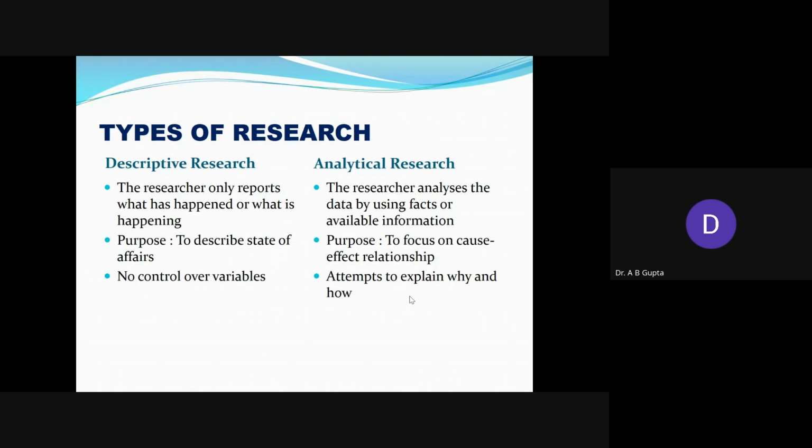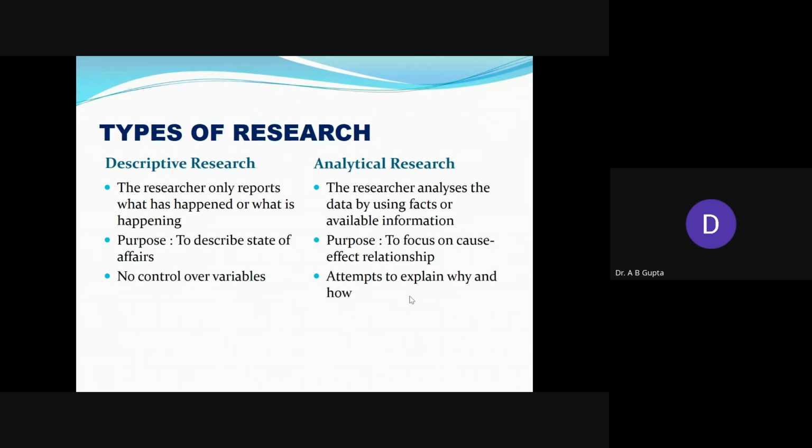Okay, so let us compare both these research types, descriptive research versus analytical research. Descriptive research means describing, or derived from describing. The researcher engaged in descriptive research is only describing, only reporting what has happened or what is happening.